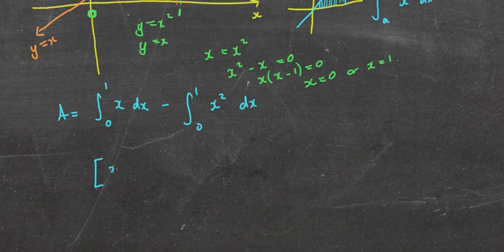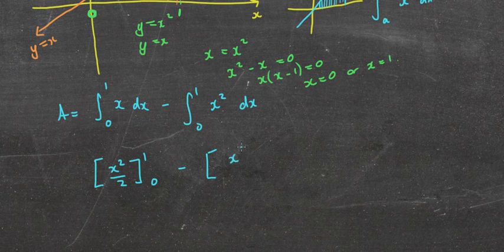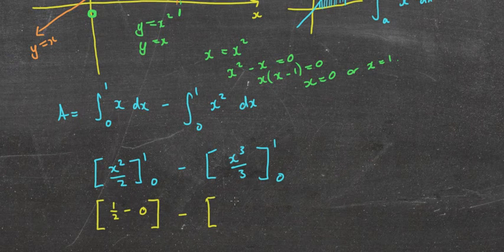So let's integrate. We get x squared over 2, between 1 and 0, subtract x cubed over 3, between 1 and 0. We now want to go through our substitution. So we're going to have 1 squared is 1 over 2, subtract 0 squared divided by 2, which is 0, minus, and then my next one, 1 cubed is 1 over 3, minus 0 cubed, which is 0.